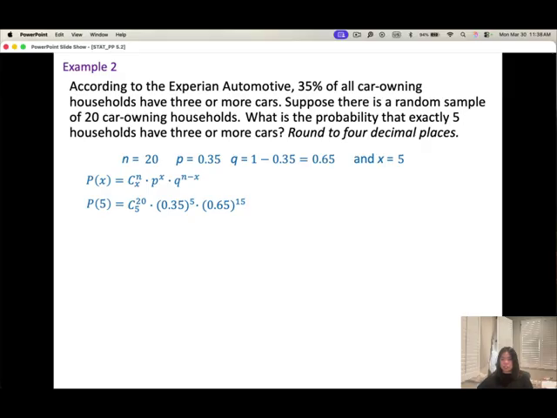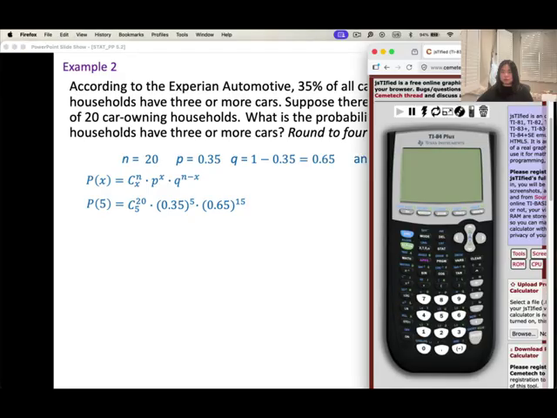Then use your calculator. We have a 20. Go to MATH, PRB, number 3. We have a 5 in here. And then we're going to times parenthesis 0.35 to the power of 5.